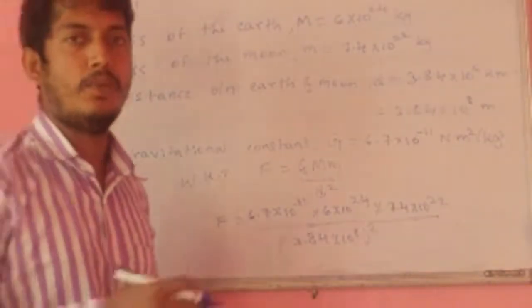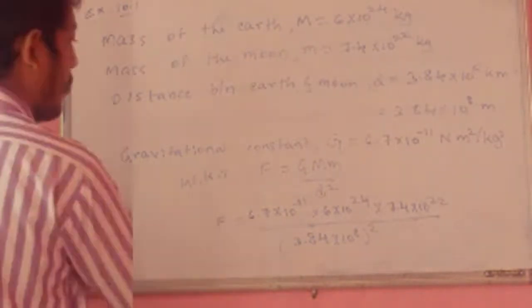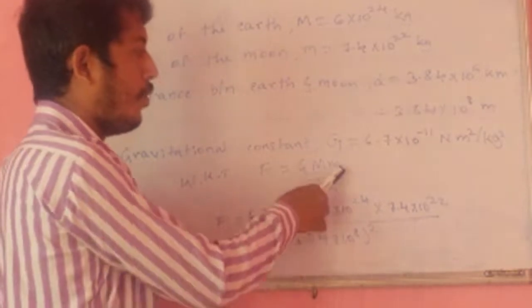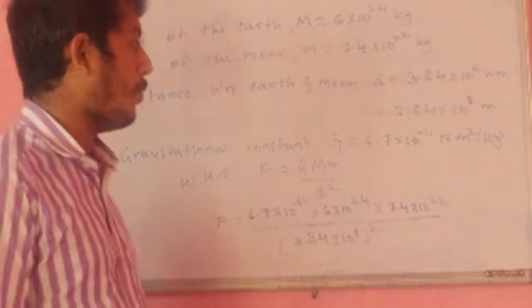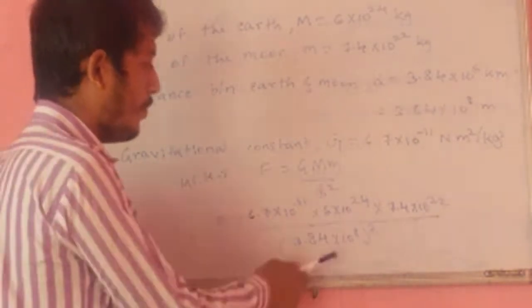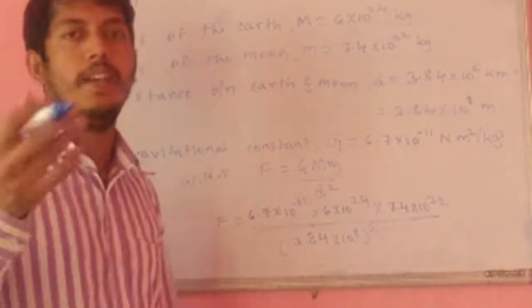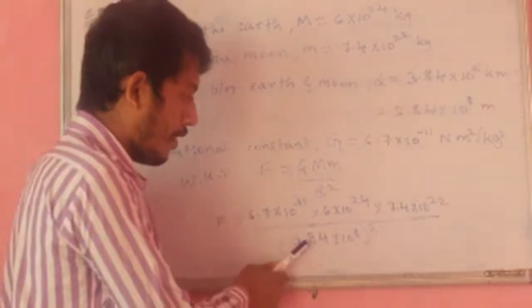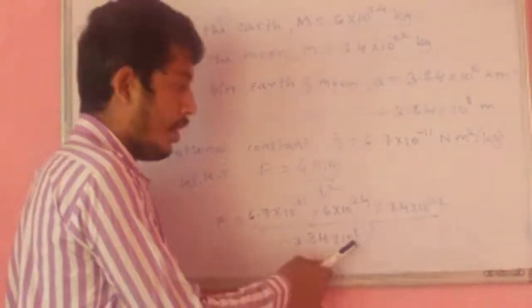Just look at the substitution. Here the value of G is 6.7 into 10 raised to minus 11. Value of M is 6 into 10 raised to 24. Value of small m is 7.4 into 10 raised to 22. And value of d is 3.84 into 10 raised to 8. Then d square, it becomes whole square. So you have to square 3.84 as well as 10 raised to 8.